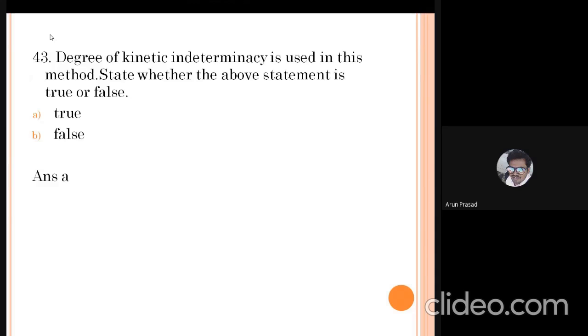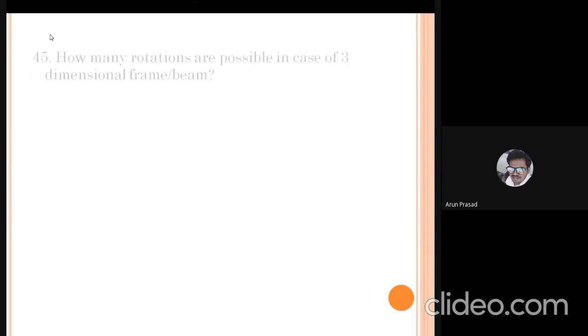So next question. How many rotations are possible in case of a three-dimensional frame or beam? Whether you are going for slope deflection or flexibility.